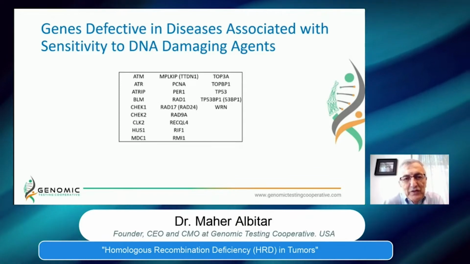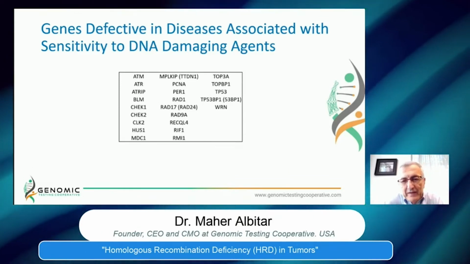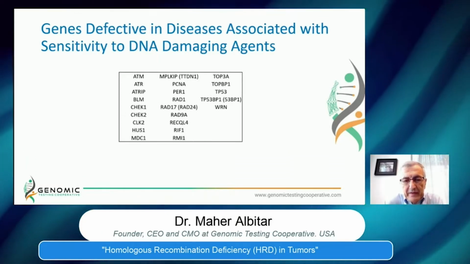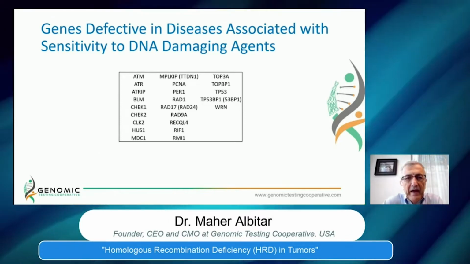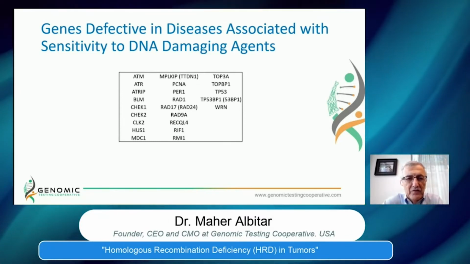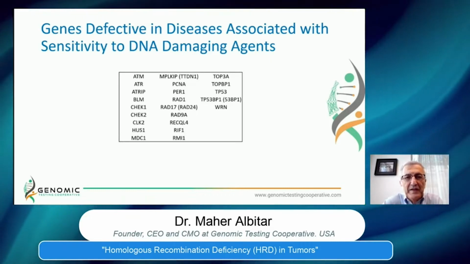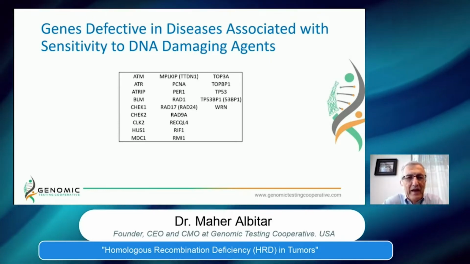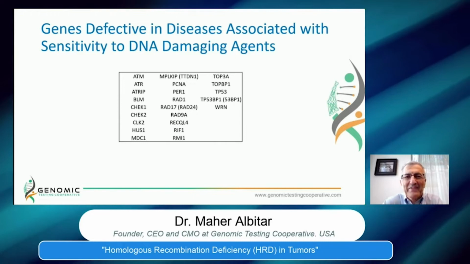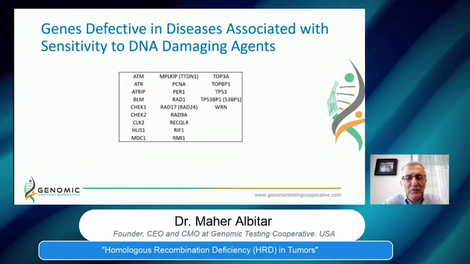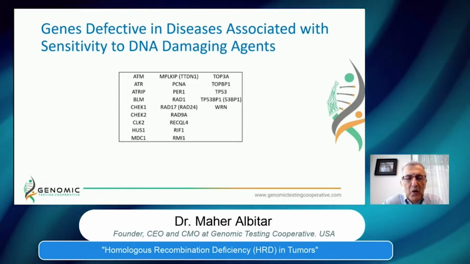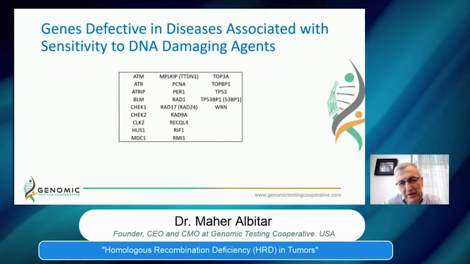In addition to these genes, which are directly involved in DNA homologous recombination repair, there are other genes. When they are defective, they can increase sensitivity to homologous recombination deficiencies.